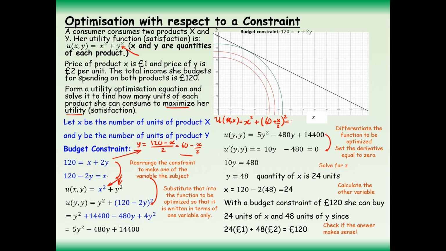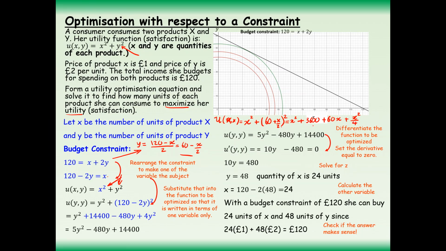You would get x square plus 3600, then multiplying these two and multiplying by 2, we get 60x because the half cancels away, and we will end up with x square over 4.